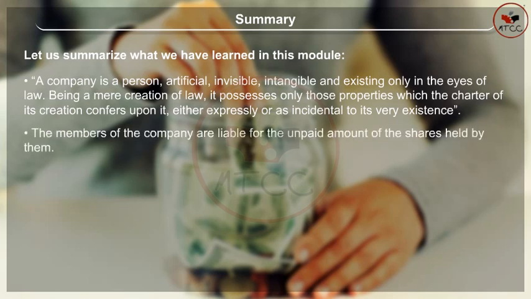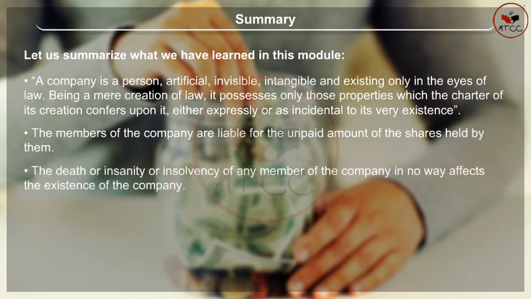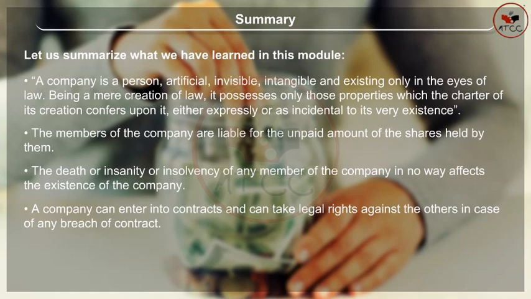The members of the company are liable for the unpaid amount of the shares held by them. The death or insanity or insolvency of any member of the company in no way affects the existence of the company. A company can enter into contracts and can take legal action against others in case of any breach of contract.